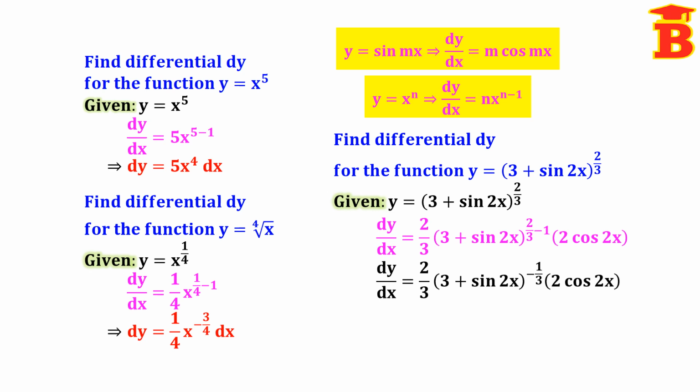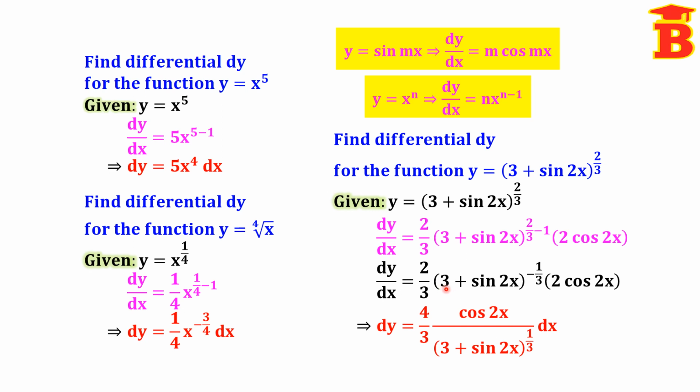So this is equal to 2 by 3 into bracket whole power 2 by 3 minus 1. Taking LCM, we get minus 1 by 3 into second bracket 2 cos 2x. Final answer, this number multiplied 2 into 2, 4 by 3 into this cos 2x divided by this bracket whole power 1 by 3.